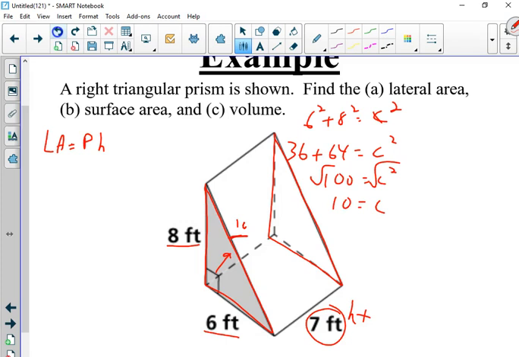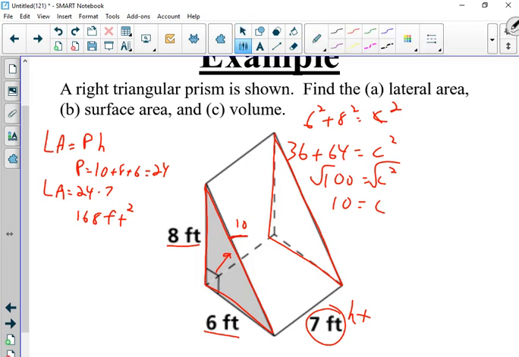C is 10. So the perimeter is 10 plus 8 plus 6, which is 24. So the lateral area is 24 times 7. 7 times 4, 28. 7 times 2, 14. Plus 2, 168 feet squared. That is the lateral area.